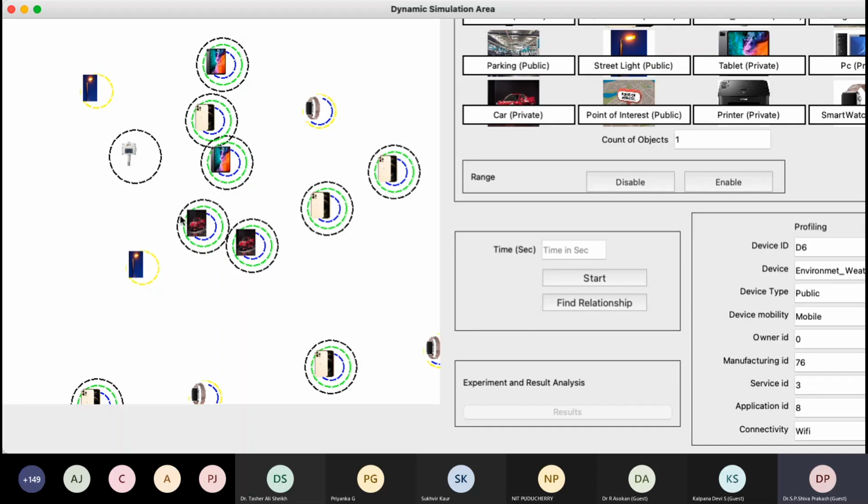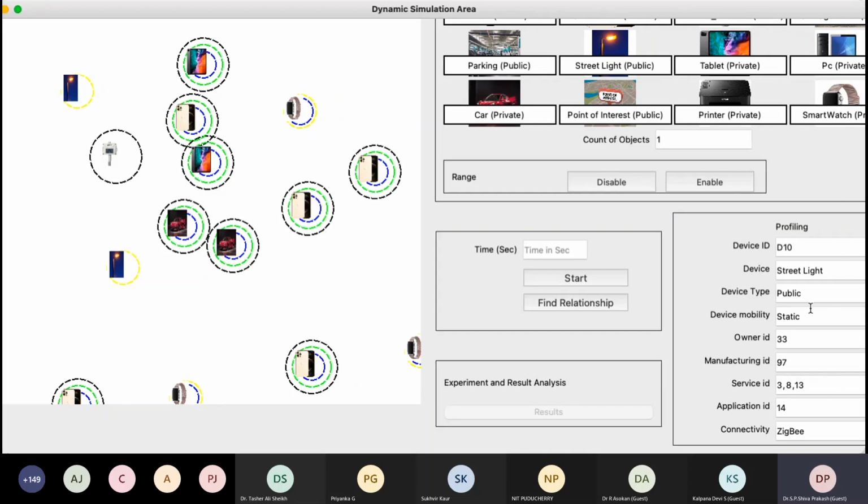And if you click on the street light, you can notice that this is a static device. So we categorize any device in an SIoT based environment as a public device or a private device. Under that you have static as well as mobile devices.